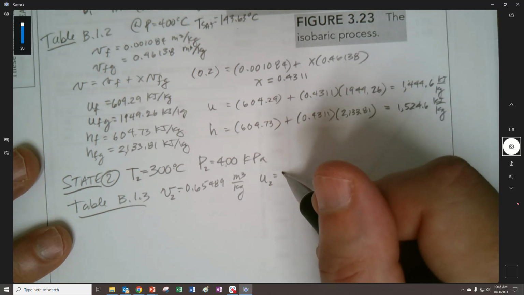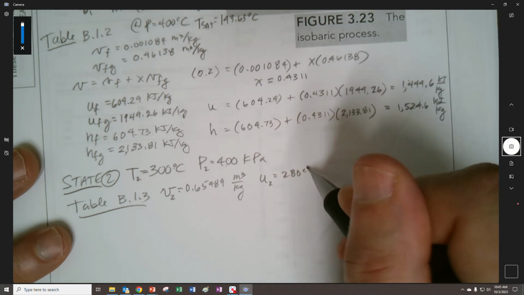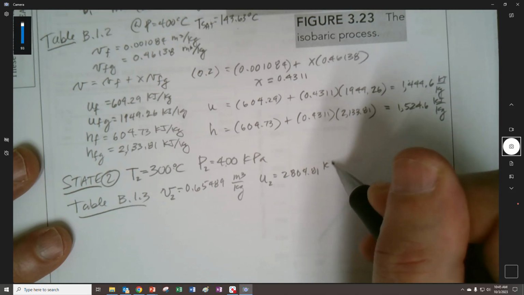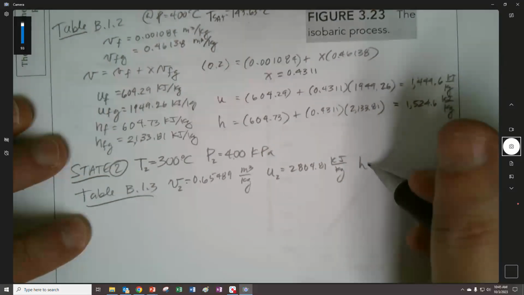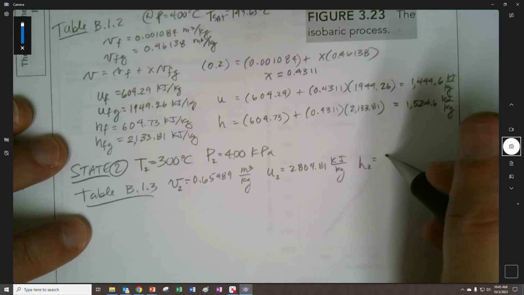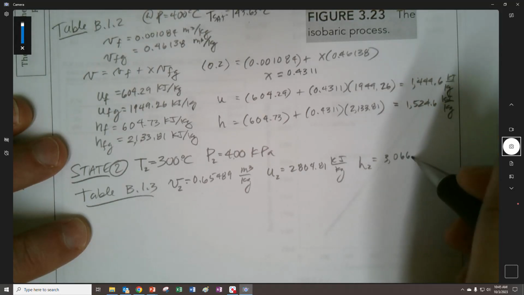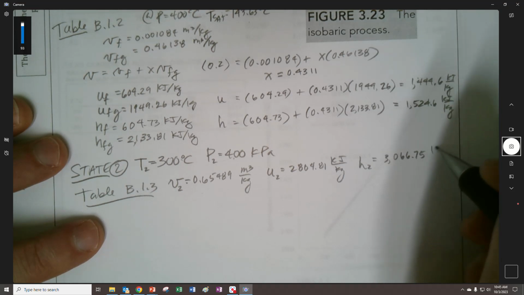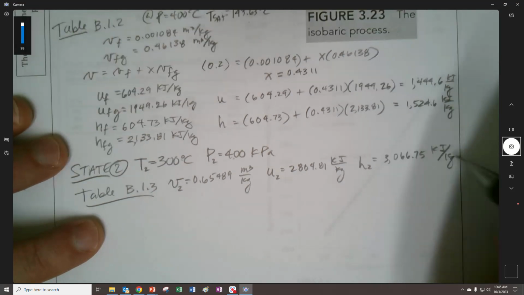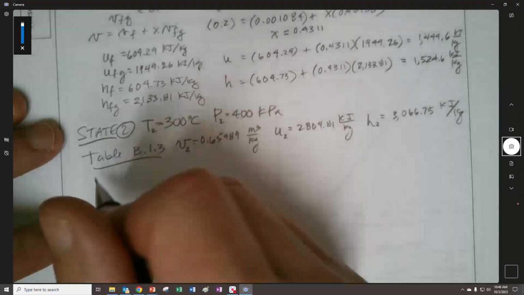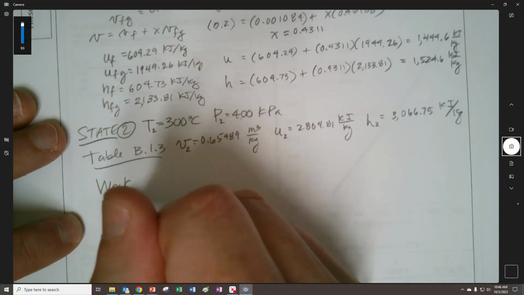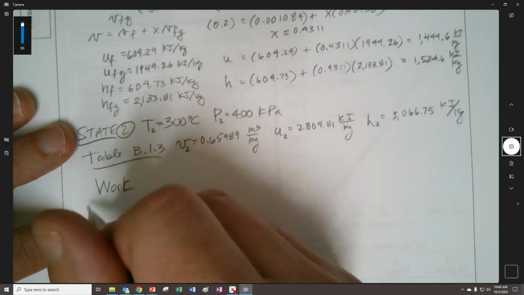It's going to be 2804.81 kilojoules per kilogram. And then our enthalpy, H2, is going to be 3066.75 kilojoules per kilogram.